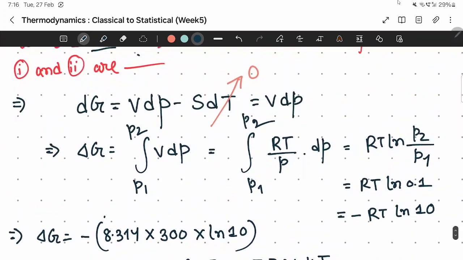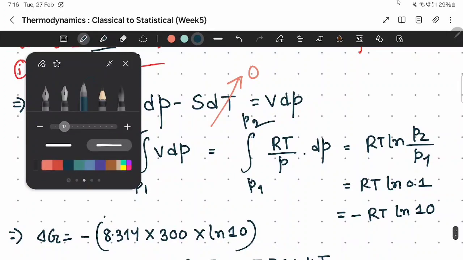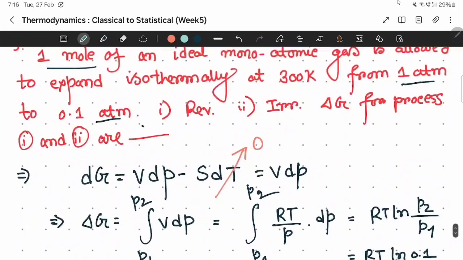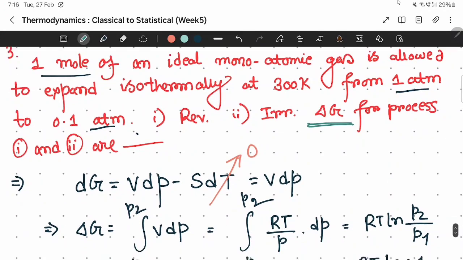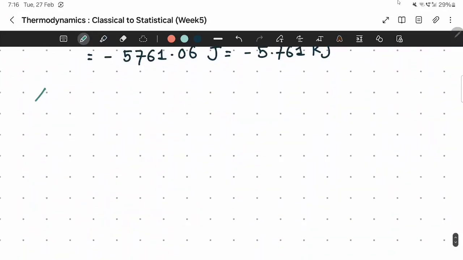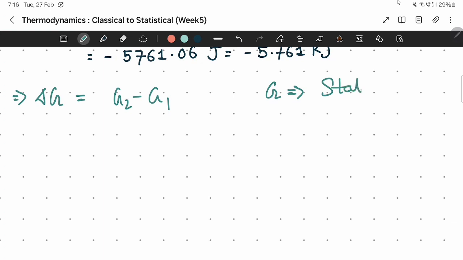So here there is a very beautiful concept, you can say. They have wanted to calculate the del G. Del G means eventually G2 minus G1, and we know G, Gibbs free energy, is a state function. State function is totally path independent.